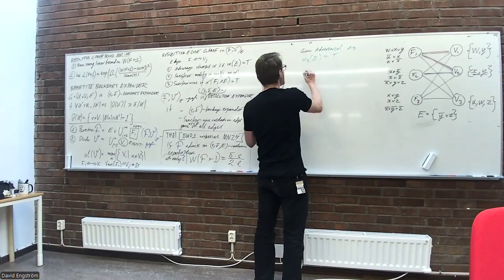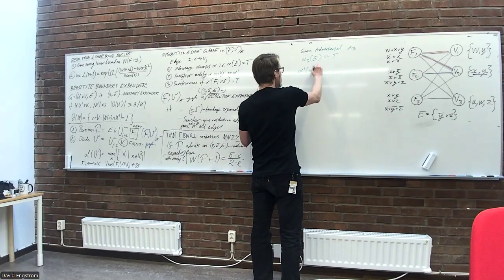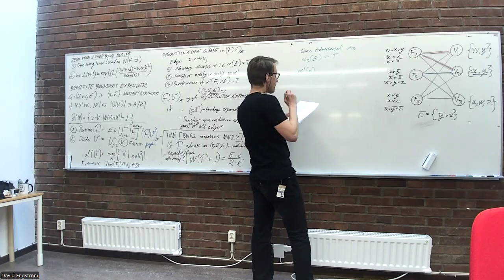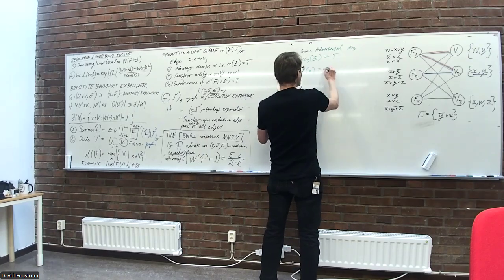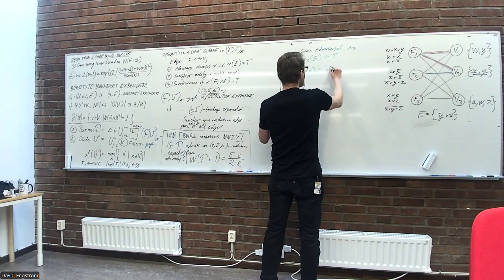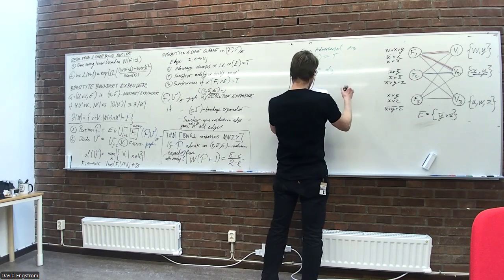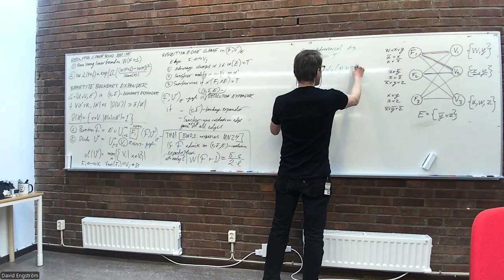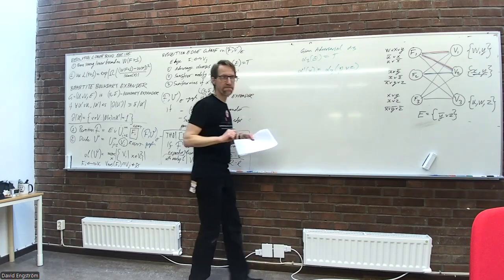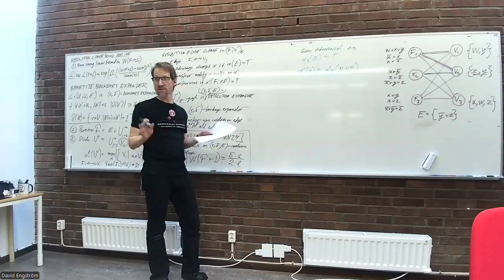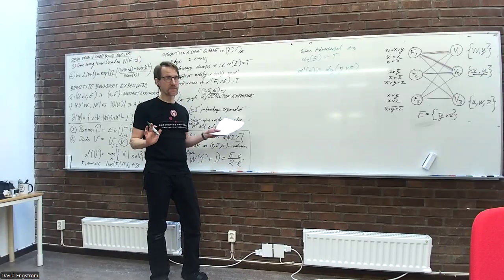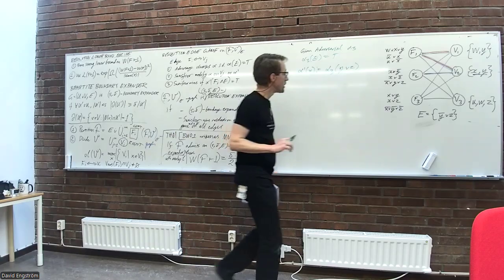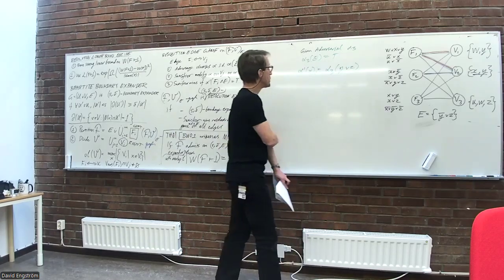In fact, alpha prime of X, I'm going to look at what alpha 3 is, and I'm going to play that X should have the value that alpha 3 assigns to Y or Z. This is a valid play, yes? Okay, and now I claim that I win.